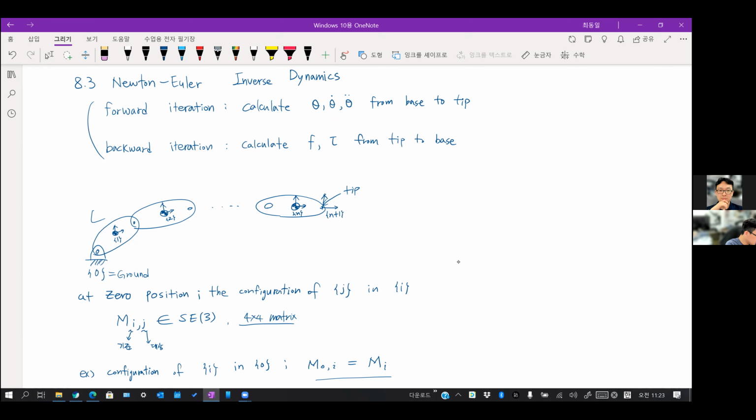The reason we do it like that is when we calculate the speed, we have to know the ground speed. Actually, the speed is some kind of integrated concept, integrated value.